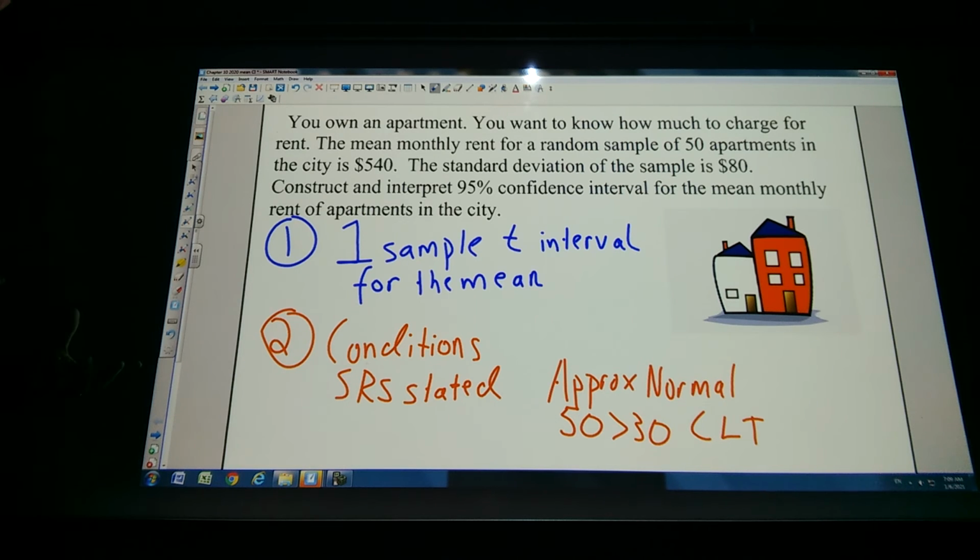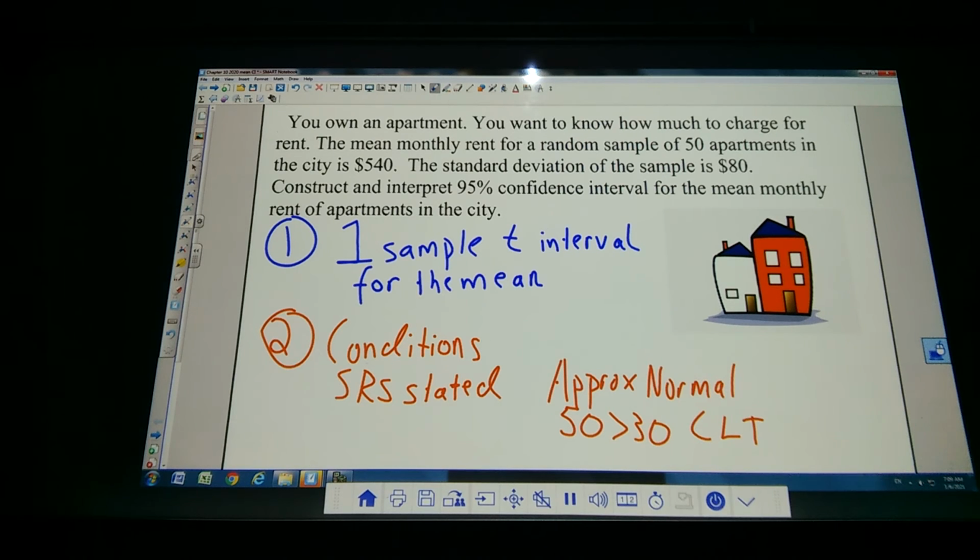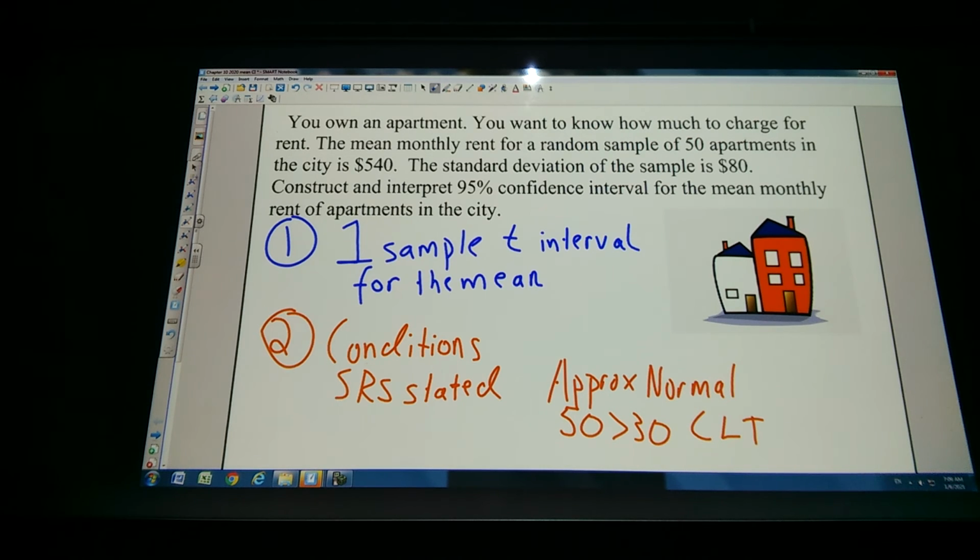I'm going to try to explain this quickly in the next minute or two. But what are we doing? We want to figure out the entire population apartment monthly average. In a city maybe like Elkhart, I don't know how many apartments there are. There's a lot. There might be thousands. I'm not going to go to every apartment.